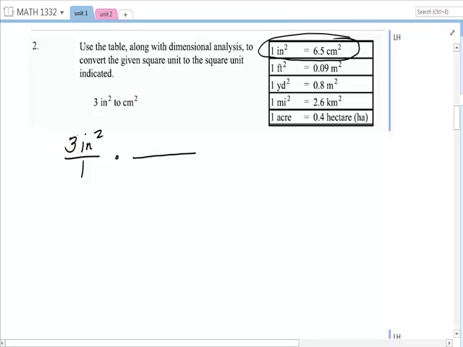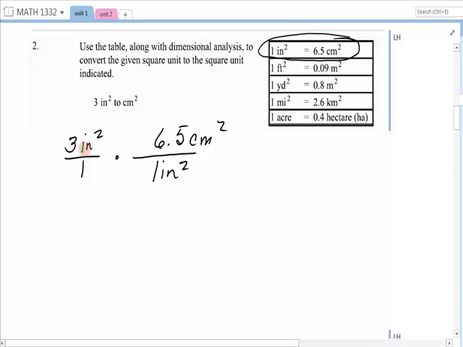So since I'm using dimensional analysis, I have to have my facts. I have 1 square inch is 6.5 square centimeters. Take 3 inches squared, put it over 1. How did you write your unit fraction? What went on bottom? Pardon? Yes, 1 inch squared. That means on top goes 6.5 centimeters squared.